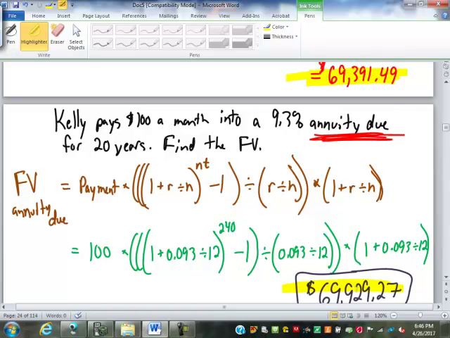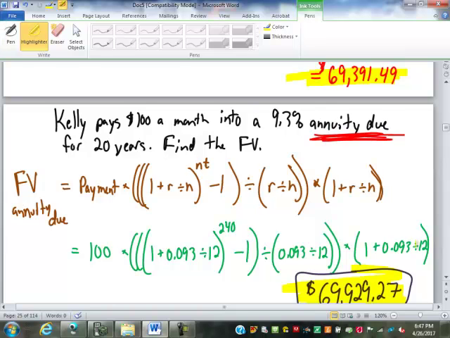You'll see here the difference between an ordinary annuity and an annuity due. The amount of payments that's made in is exactly the same. They pay $100 a month for 20 years. That's still $24,000 that's paid in. But the annuity due gets, well, not quite $600, $538 or so more.